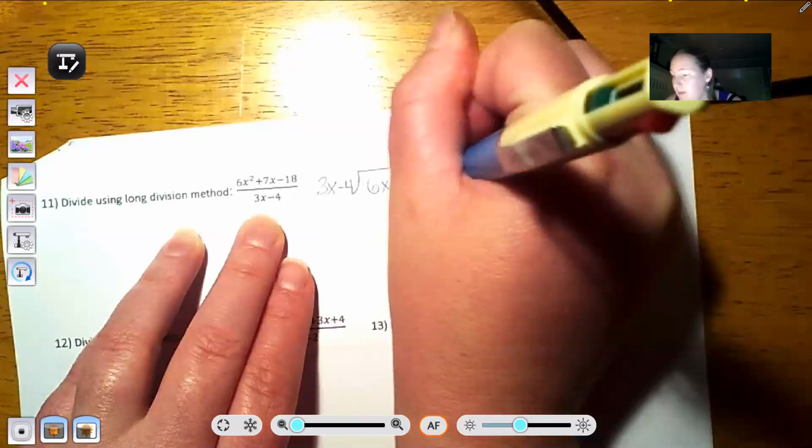That was the whole point. That means we did that right. And the negative 18 plus 20 is 2. So this is of a smaller degree than your original one, so it's not going to go in. That is the remainder. So the way you write this is 2x plus 5 plus your remainder over your divisor here.